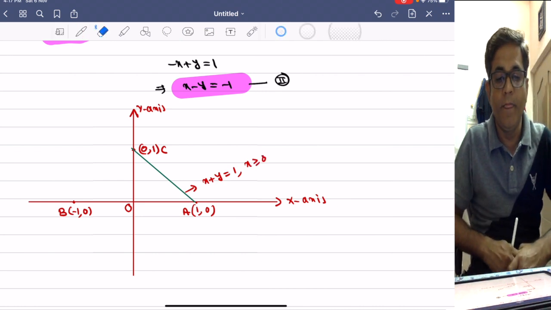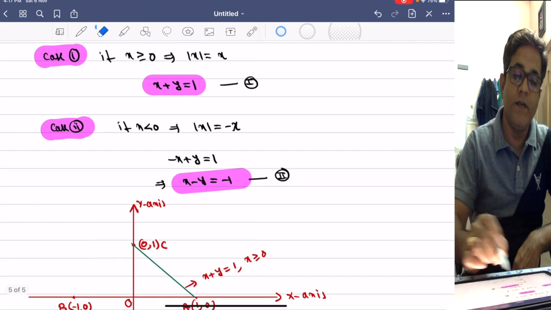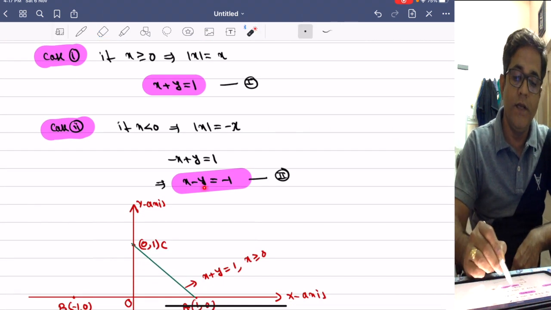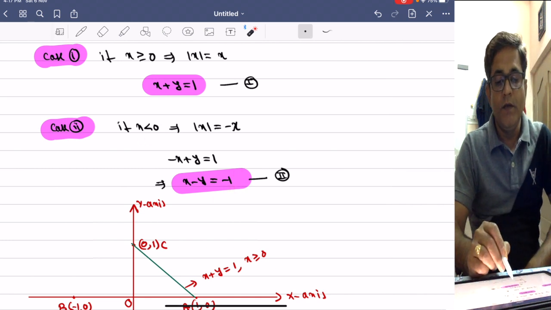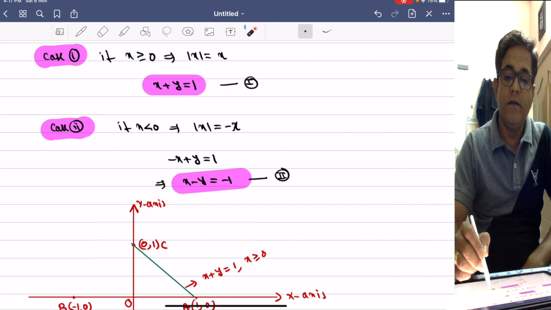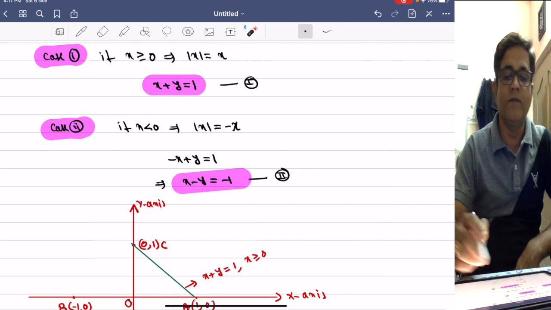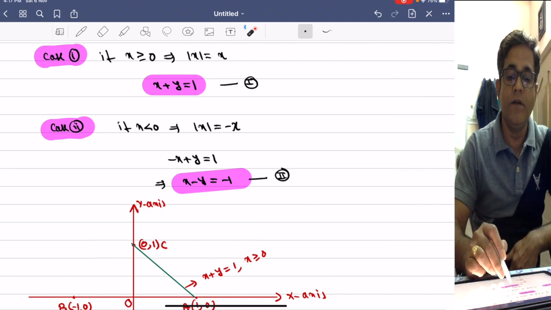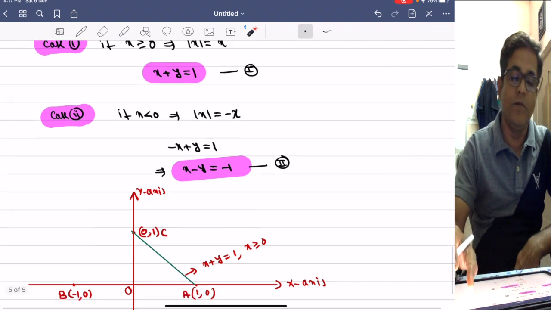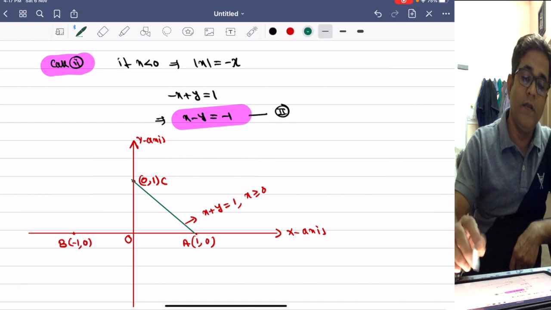Now come to the second part, that is x minus y is equal to minus 1, which holds when x is less than 0. It is a line segment in which the x intercept is minus 1 and the y intercept is plus 1. So it intersects the x-axis at minus 1 comma 0 and the y-axis at 0 comma 1. If you draw the complete line, it will be like this.